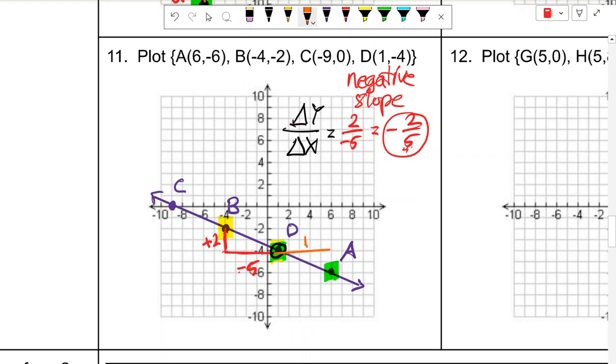That's a positive 5. And then I go down, which is a negative 2. Well, then I still do my change in y, which is negative 2, divided by a positive 5. And you can see it's still negative 2/5. So it really doesn't matter where you start or what point you choose, the slope will come out the same because there is a constant rate of change.